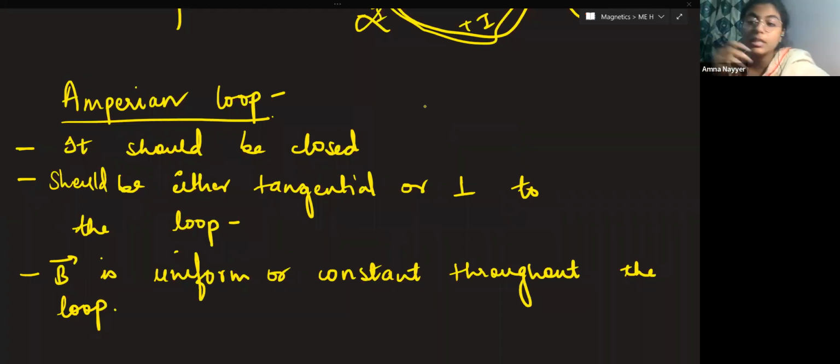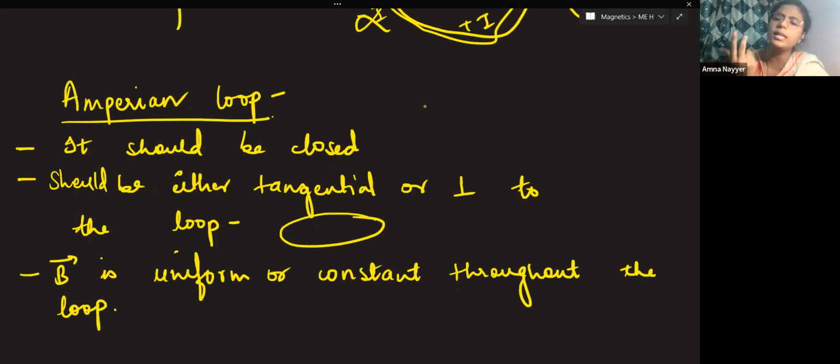Now, why are we focusing on whether it's tangential or perpendicular? When we choose a closed Amperian loop, usually it's in the form of a circle. So when you choose the current element dl, where does it lie? I have told you, and in today's class also we have seen it so many times, that dl is tangential. So to make that dl tangential, we choose our Amperian loop as a circle. Fine. And it's one of the conditions.